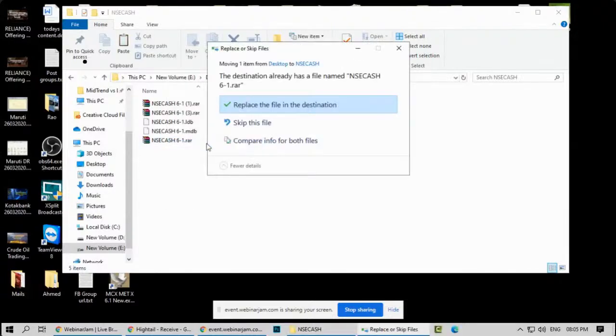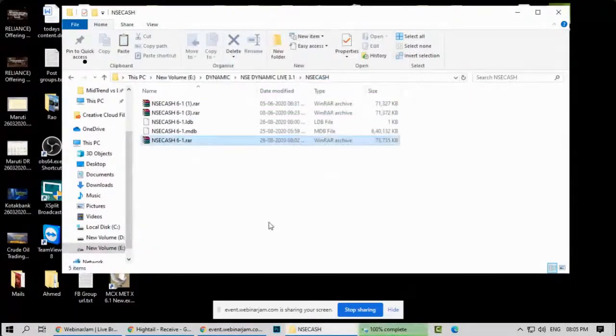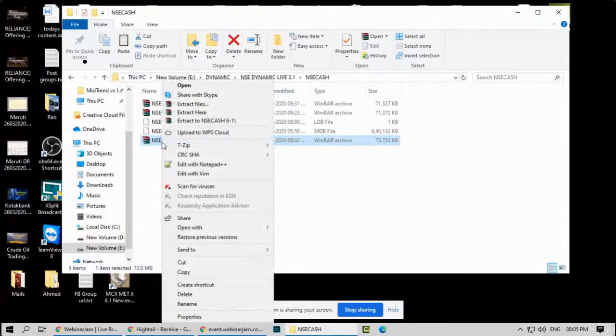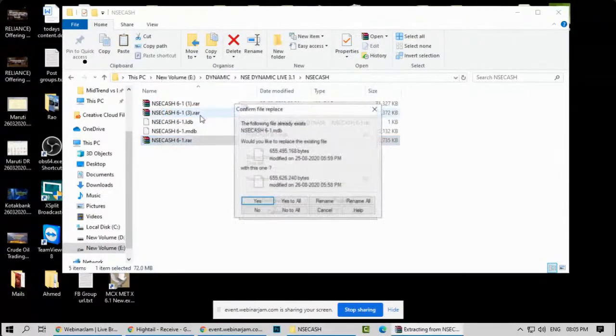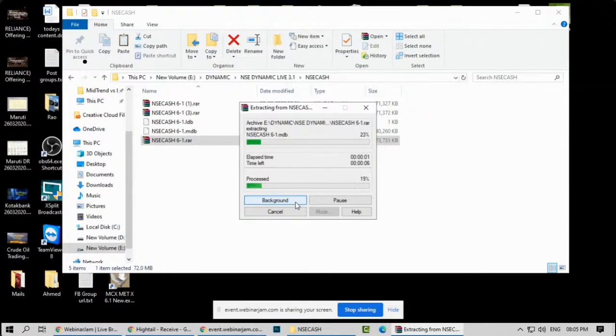Right click, paste. It will ask you for replace, so replace it. Once it is done, right click on the file you have pasted, and choose the first option, Extract here. Give Yes to all. Your job is over. The data is updated for Dynamic Live.